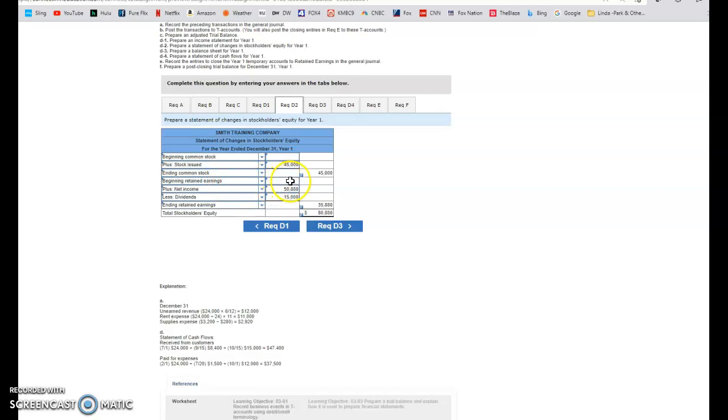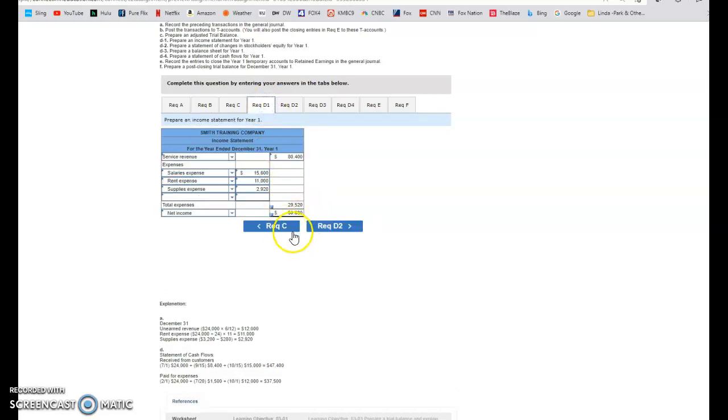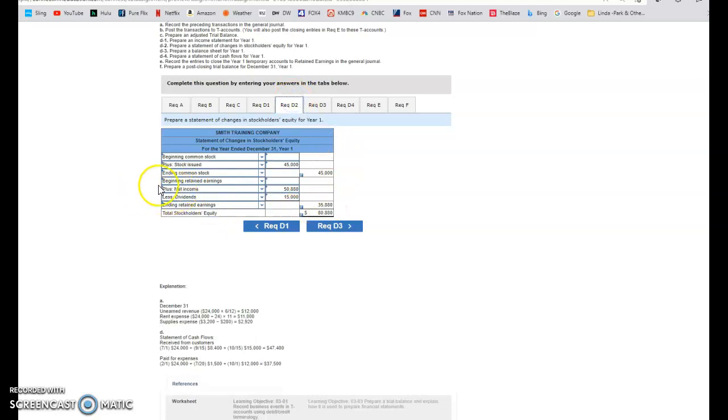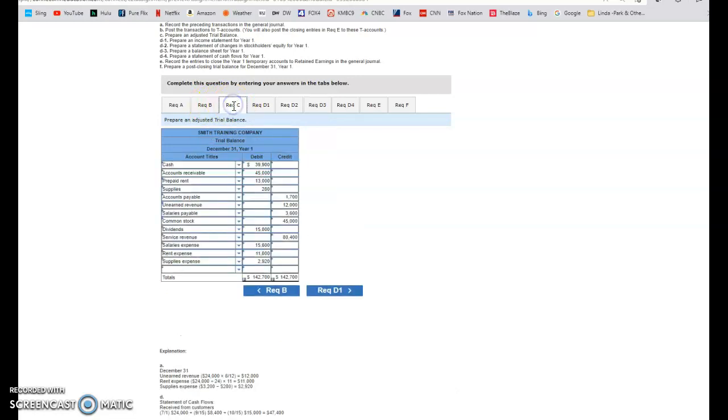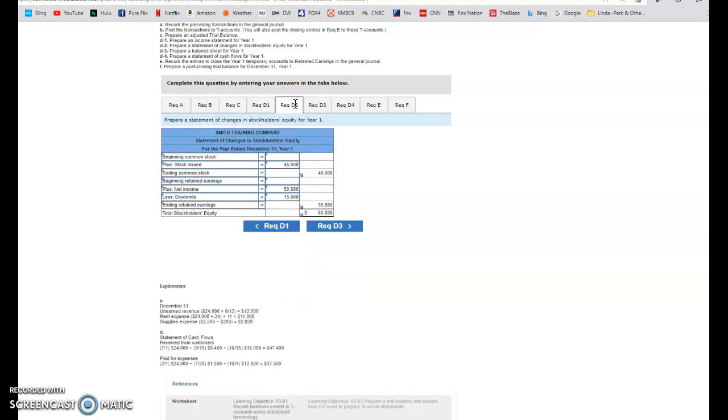Beginning retained earnings was 0, and then we're going to take this net income number. So I go back to my income statement, the 50,880, and I will bring that number forward and put it in here. There were dividends, and again, I know that from this trial balance, there were dividends of 15,000. So beginning plus net income minus dividends gives us our ending.